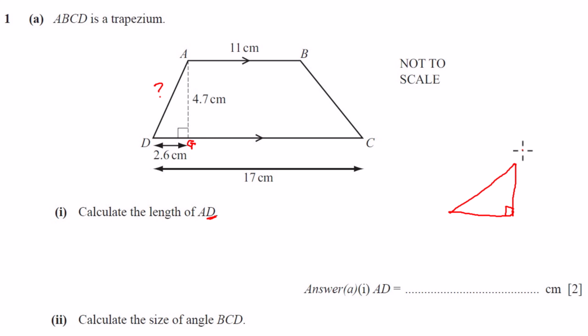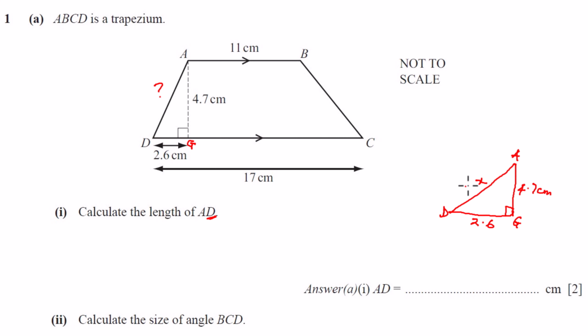So let's consider this triangle ADG, bringing it out. This side of the triangle is 4.7 centimeters, this place is 2.6, and we are looking for this place. Let's call this place x. It's quite easy now that I brought out the triangle. We can easily see that we only need Pythagoras theorem to solve for x here.